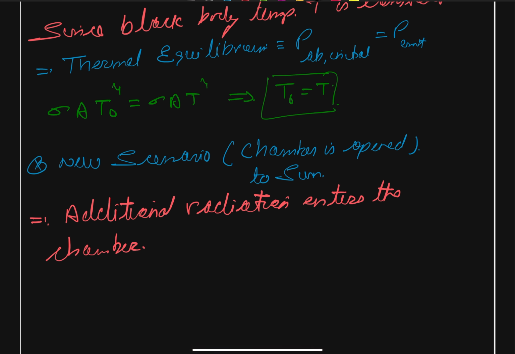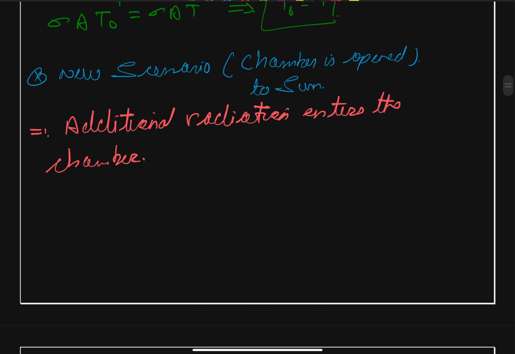And we can model the sun's radiation as that of a black body at a very high temperature. So the black body inside the chamber is now going to get radiation from two sources. One will be from the chamber walls and the other one from our sun.